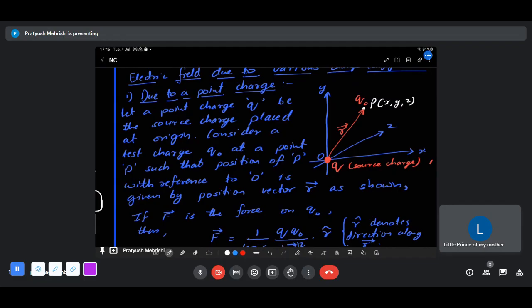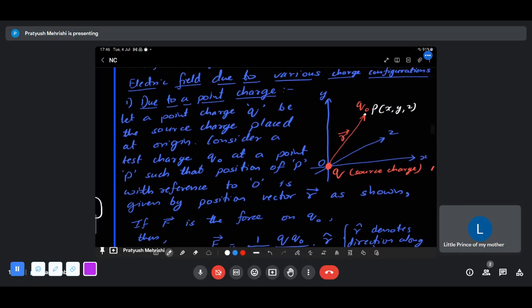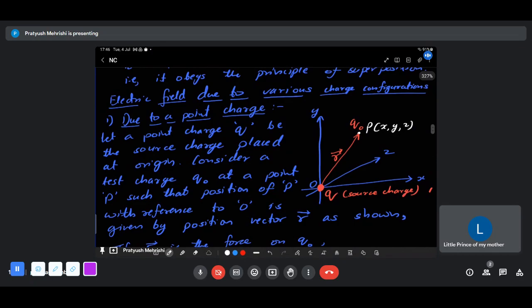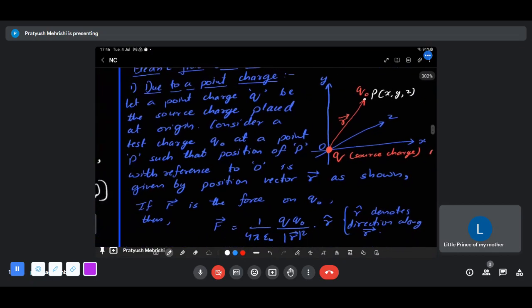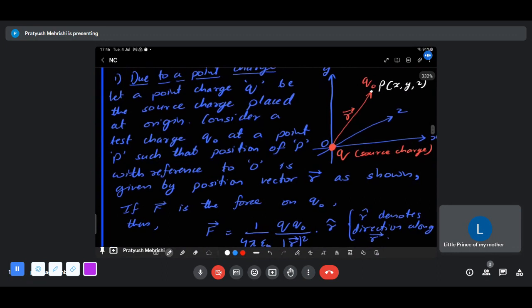Now, due to a point charge, what will be the electric field? Let us say a point charge Q is situated at the origin, and we want the electric field at point P.